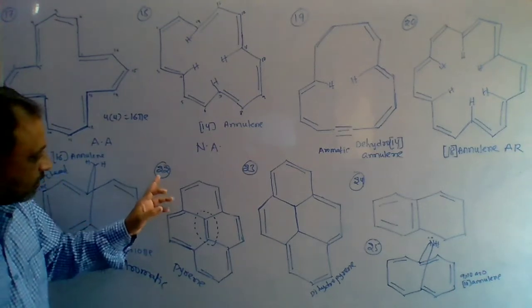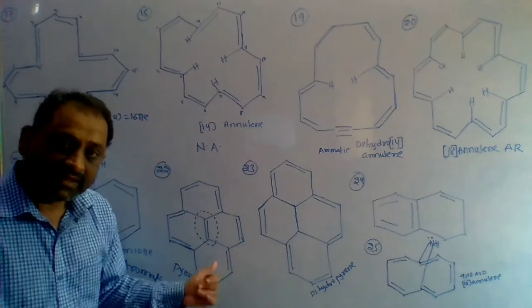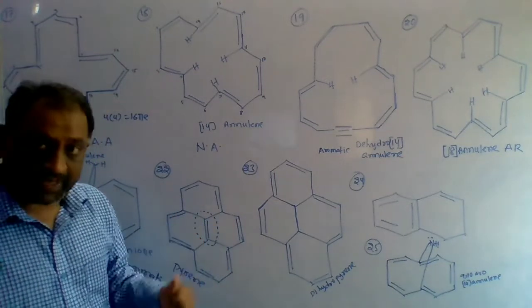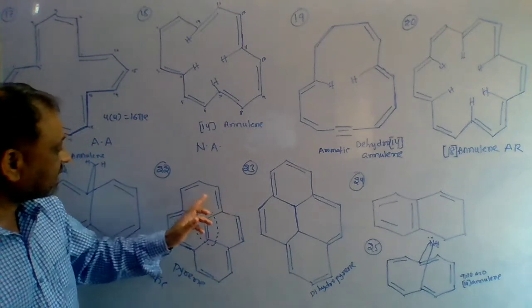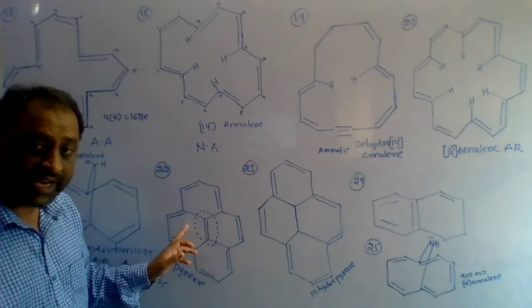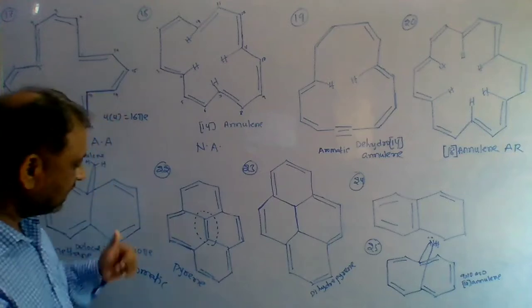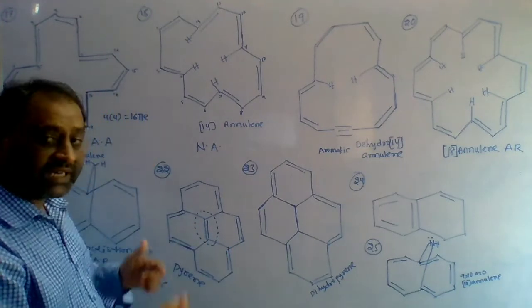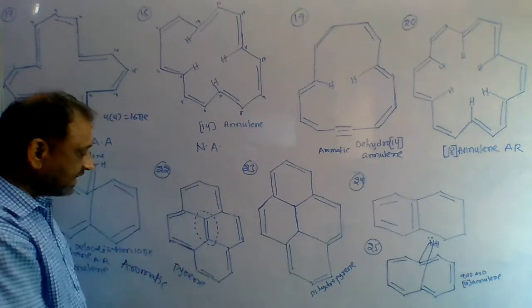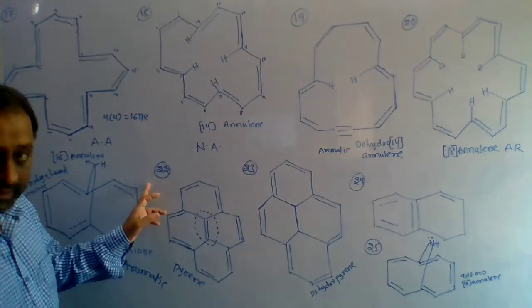And next example is pyrene. It seems to be an anti-aromatic compound. 1, 2, 3, 4, 5, 6, 7, 8 pi bonds, 8 twos are 16 pi electrons. It seems to be anti-aromatic, but it is not correct. In reality, it is an aromatic compound.